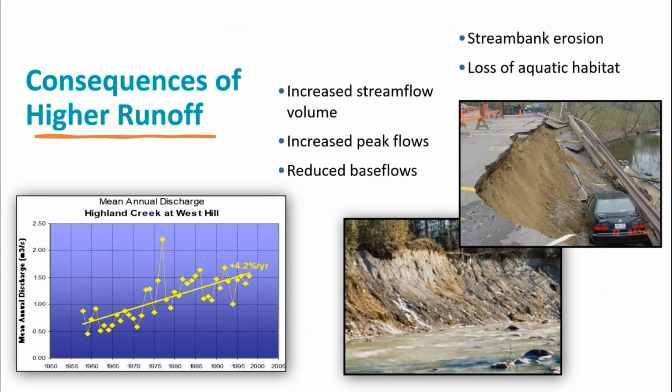So as we're increasing stream flow volume, you're increasing your peak flow, meaning you can have heavy rushing waters, which can cause more flooding downstream. This also creates a change or alteration in our stream channels. This higher stream flow volume increases the frequency of peak flow events, and also reduces our base flows.